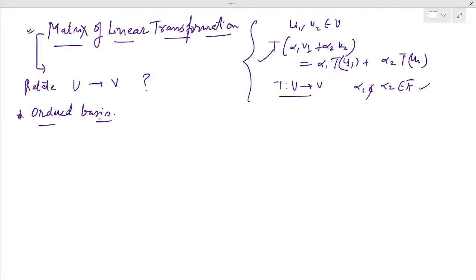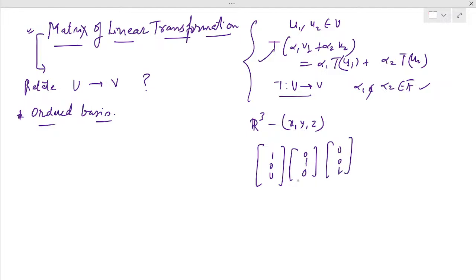If you do something wrong with the order, everything will go wrong. For example, in R cube, first comes x, then y, then z, so the ordered basis would be (1,0,0), then (0,1,0), then (0,0,1). I cannot mess up their order. Is that clear?